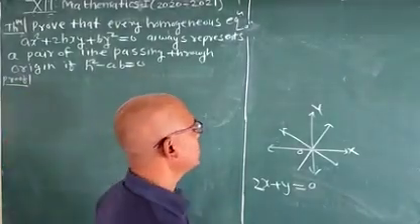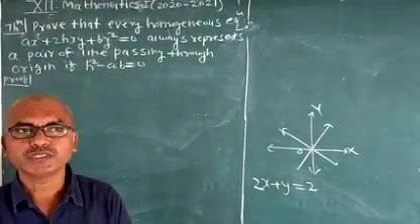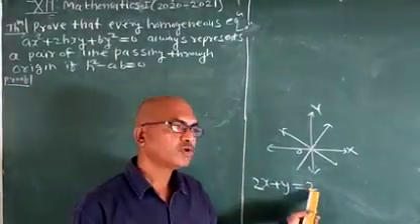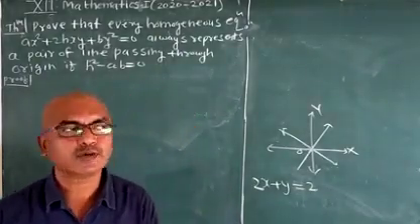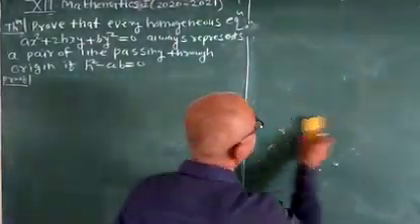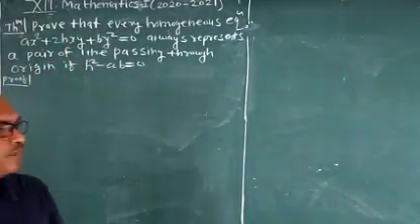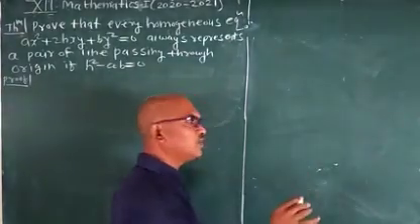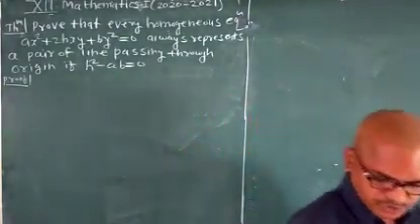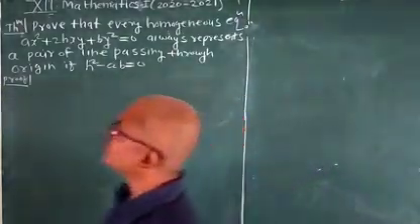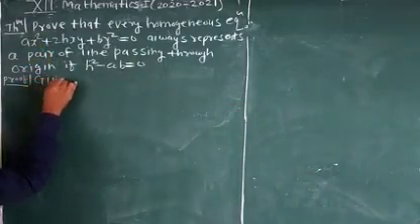If there is a constant term, suppose in place of 0 it is 2, then the line does not pass through the origin. So if the constant term is 0, then the line passes through the origin, meaning some x variable plus or minus some y variable. So here, ax square plus 2hxy plus by square equal to 0 means the constant term is 0, something x plus something y equal to 0, so the line always passes through the origin.